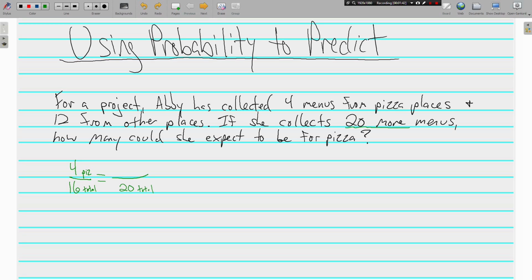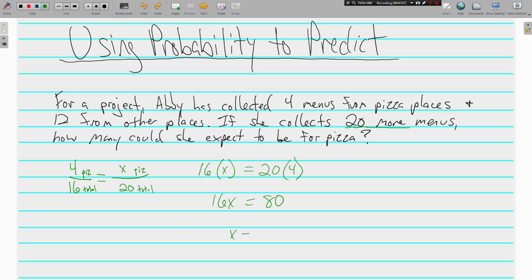So then what am I looking for? We're looking for how many Abby could expect to be for pizza. And of course, we are experts at cross products by now. 16 times x is equal to 20 times 4. 16x is equal to 80.